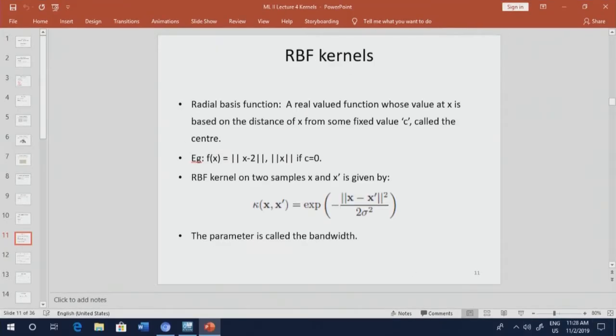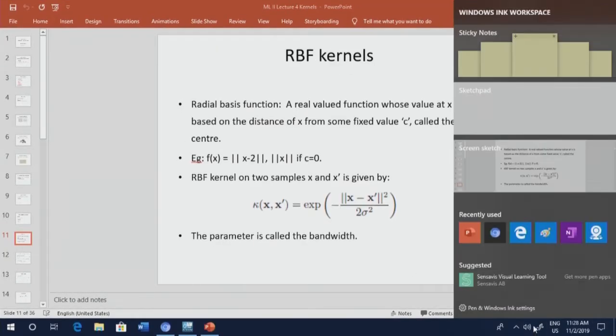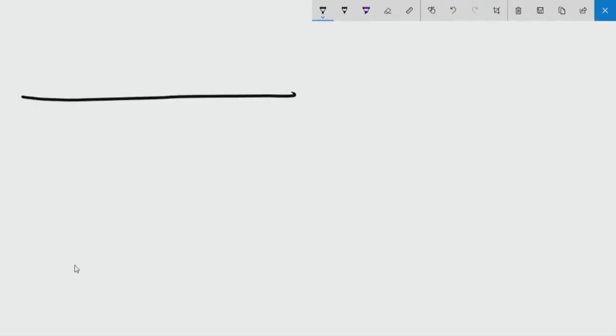Here we have examples. Suppose we consider r equal to 1. Suppose there is this x is equal to 0 and we take any point, suppose this is x, then the radial basis function value of x is nothing but the distance of that x from some fixed point. Suppose we take the fixed point to be 0.